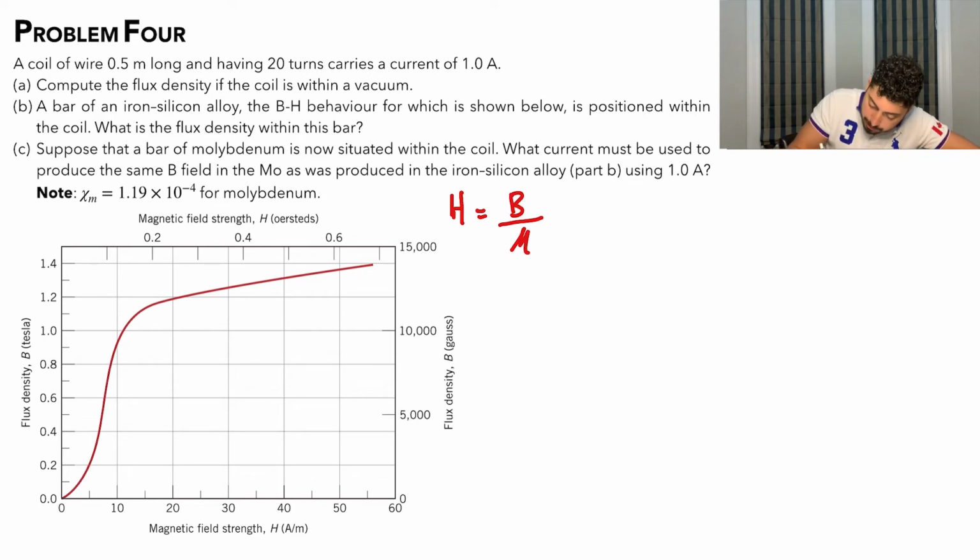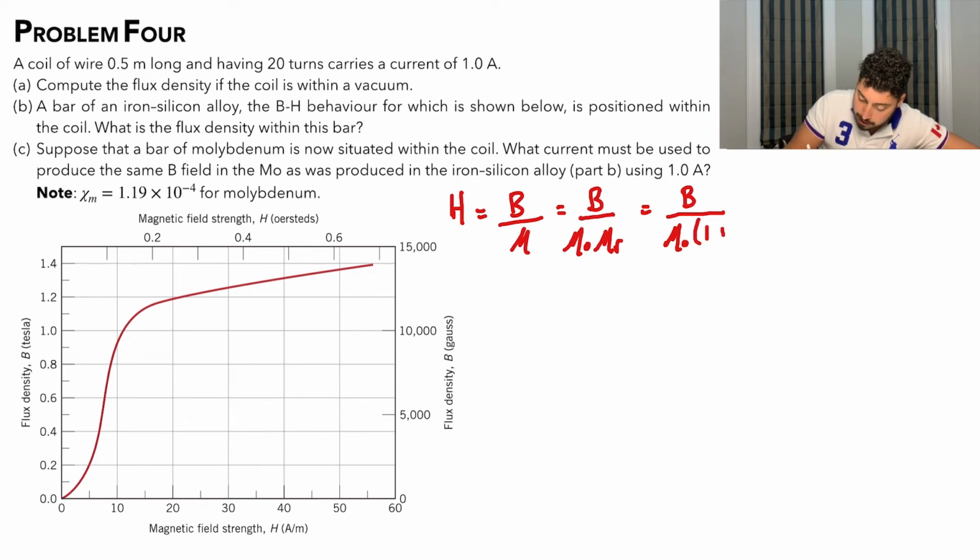So we can manipulate this equation by saying this is equal to our flux density divided by our permeability in a vacuum times our relative permeability. And again, we're still not given the relative permeability, so we have to do one further manipulation by saying this is all equal to our flux density divided by our permeability in a vacuum times 1 plus chi m, which is our susceptibility for our material, which is given in the problem.